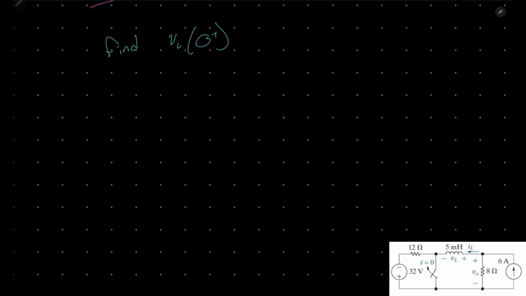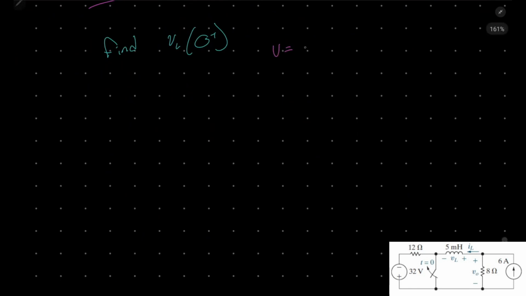Okay, so next we're going to find v sub L at just after 0. Basically, if we look at our circuit in our corner here, we see that we are getting the voltage across the inductor. To do this, we will be using the equation V equals L times di dt, our voltage equation for an inductor.